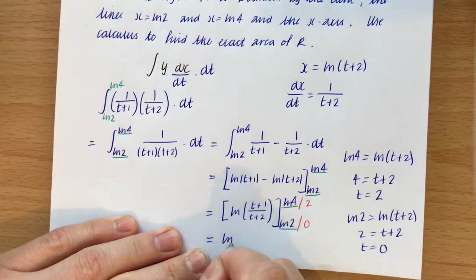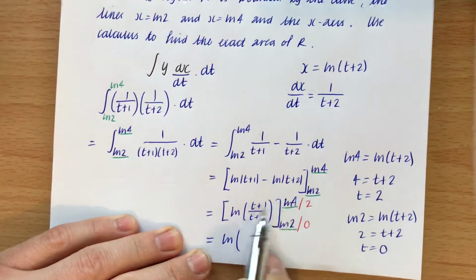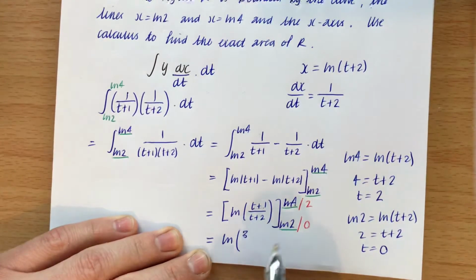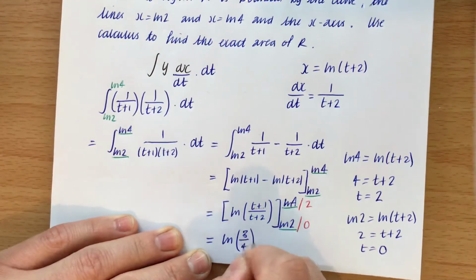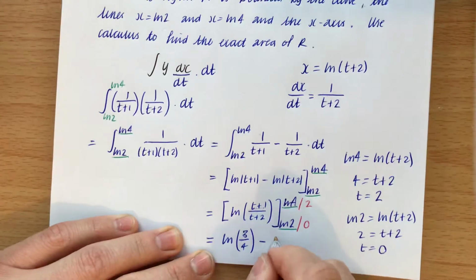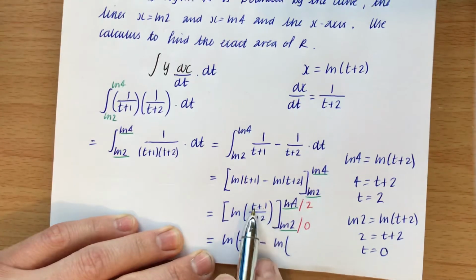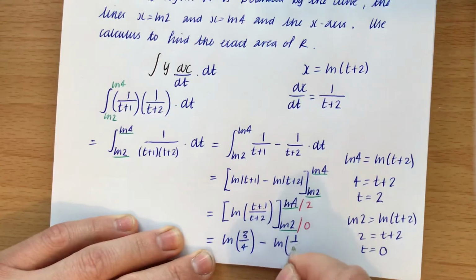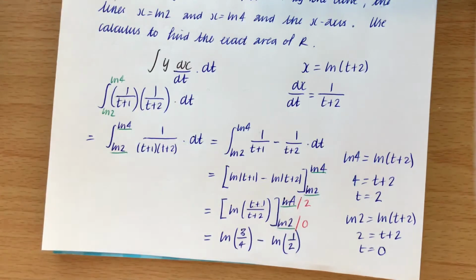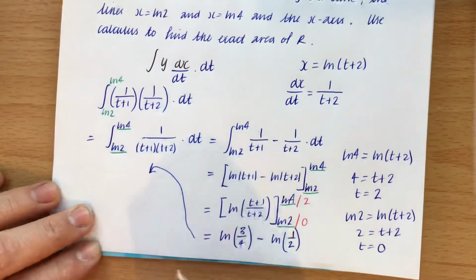So we have log of (2 plus 1) over (2 plus 2), which is 3 over 4, so 3/4 when we sub that one in. Subbing in 0 now: log of 1 over 2. Don't want to go on to the next page, so I'm going to come up here now.